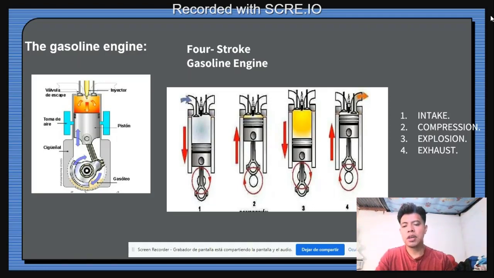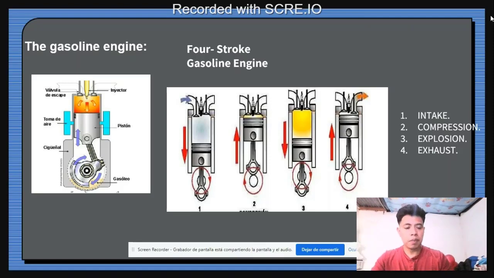The expansion of the gases caused by the combustion of the air and fuel drives a piston or a rotor. Commonly, the fuel used by a spark ignition engine is gasoline, but sometimes also gas.